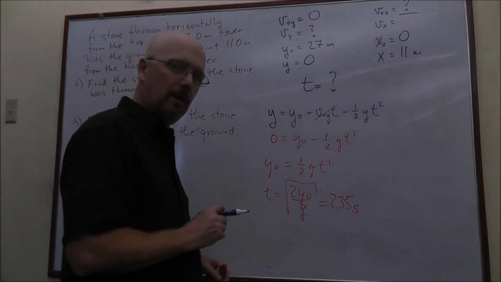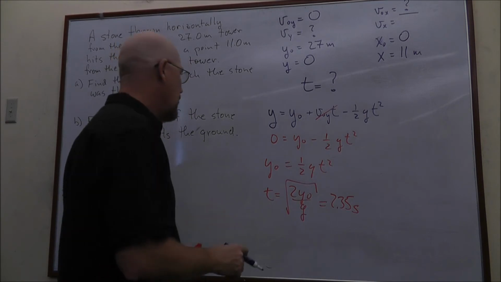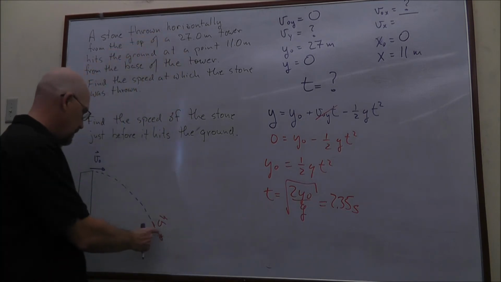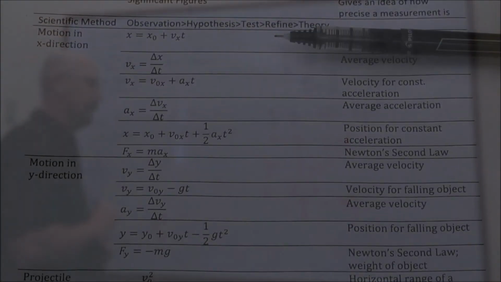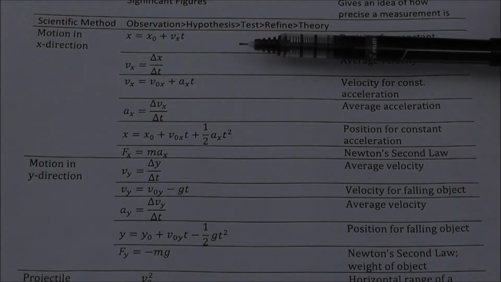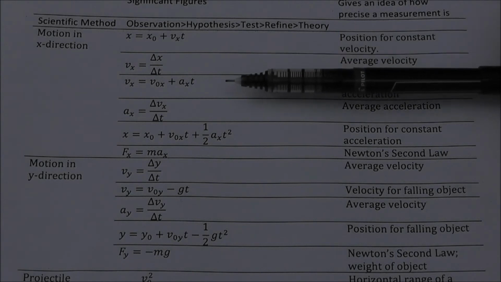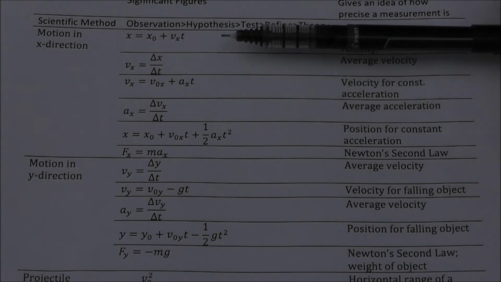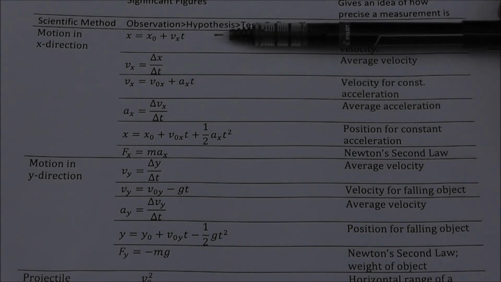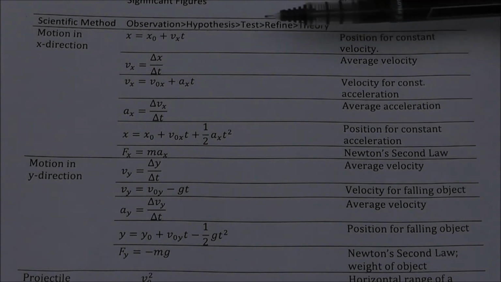So now what we want to do is use this number to find the speed over here. So we're going to use the x component of the velocity. And what do we have? Well, the appropriate equation for that would be this equation right here. We're talking about position for a constant velocity.